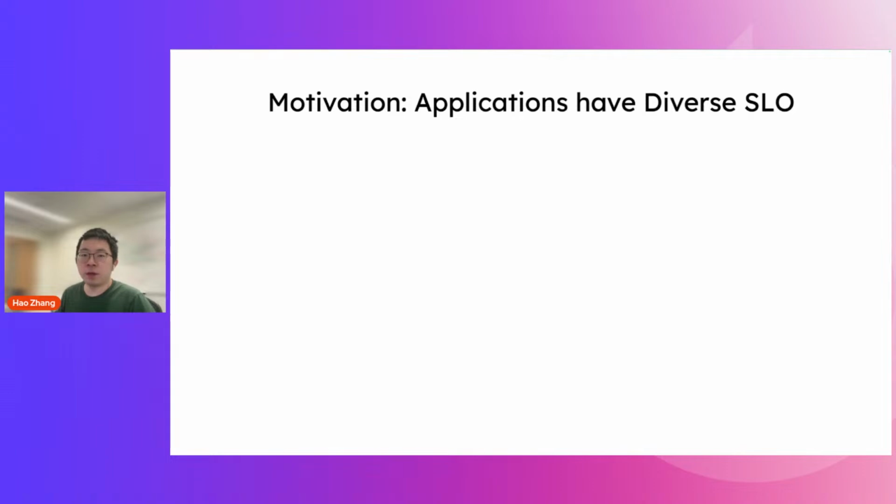Many LLM applications are offered as a service provided to users. For such services, besides throughput, we have some equally important metrics, which we call service level objectives, or in short, SLO. I think that's a pretty familiar word.